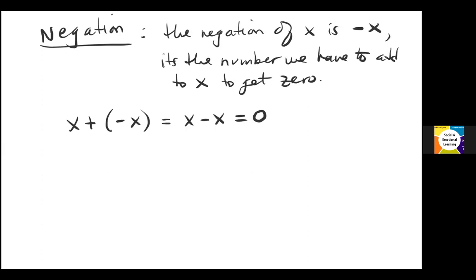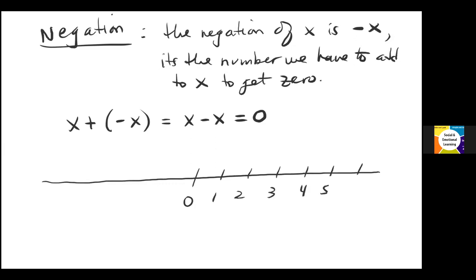So for this, we can think about the number line. If we think about the number line, we can have 1, 2, 3, 4, 5, 6 in the positive direction. But we can also go in the negative direction, -1, -2, -3, -4, and so on, all the way to negative infinity down there.